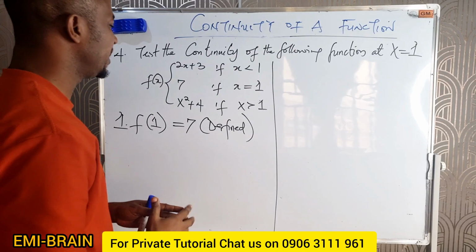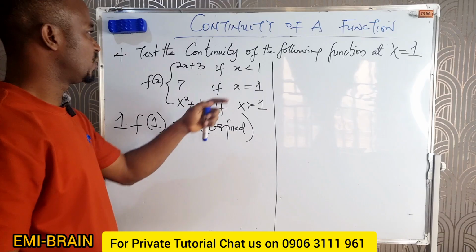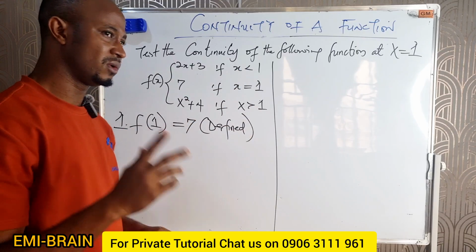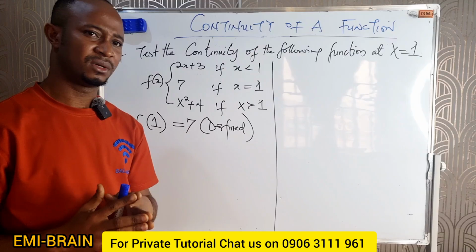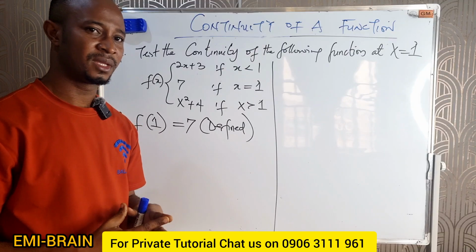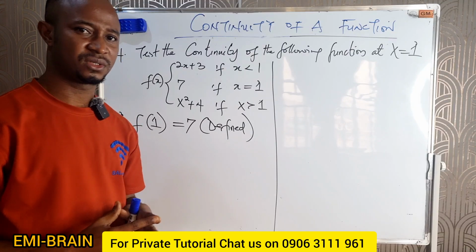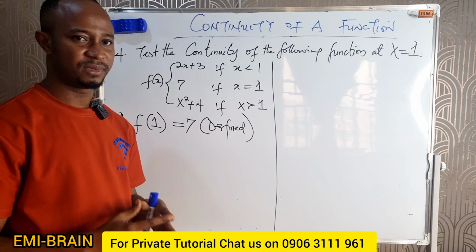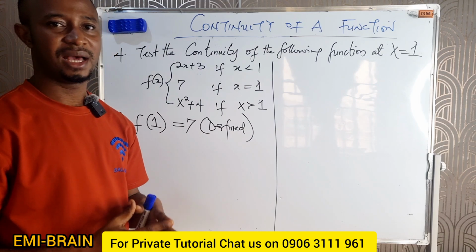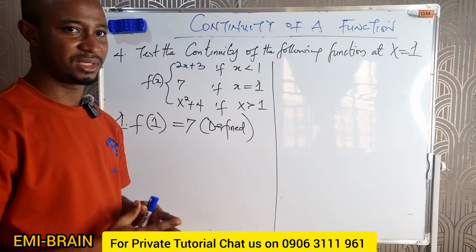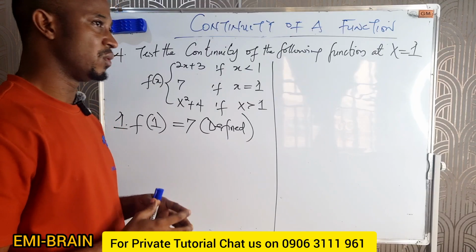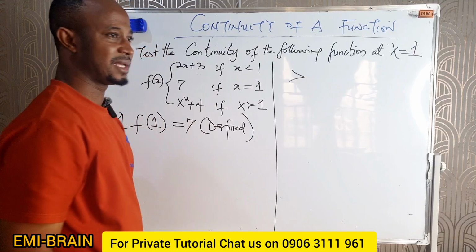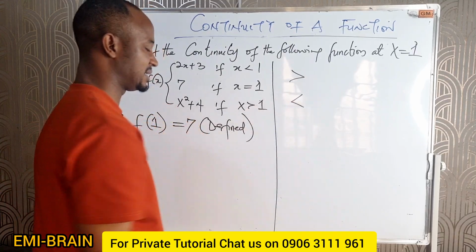Since we have 2 inequalities here, we are told that x is less than 1 and x is greater than 1. Don't forget that for a limit to exist, the limit of that function as x approaches a on the left hand side must be equal to the limit of that function as x approaches a on the right hand side. Right hand side simply means greater than. Left hand side means less than.